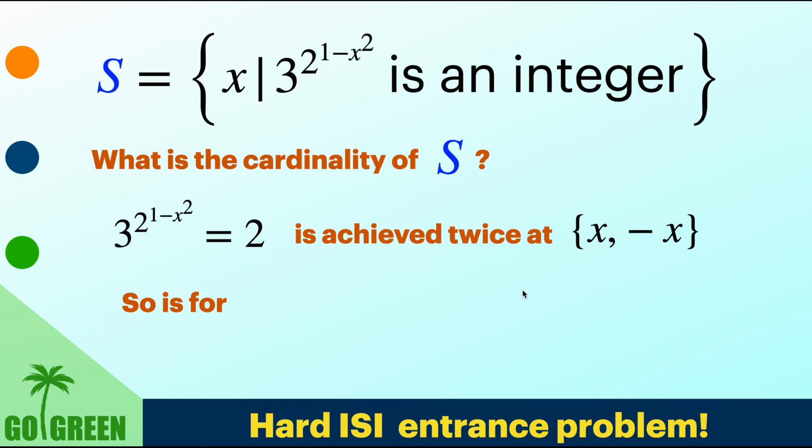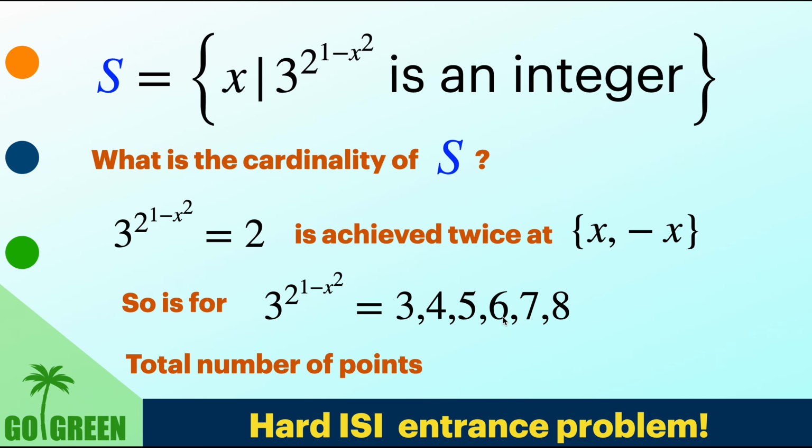And so is for other values, like 3 to the 2 to the 1 minus x square, and then 3, 4, 5, 6, 7, 8. For all these, x and minus x are different. So how many total values? 2, 3, 4, 5, 6, 7, 8. There are 7 numbers. So 7 into 2 plus 1. Why plus 1? Because the value 9 is taken only once, because at x equal to 0 the value is 9, and for x equal to 0, x and minus x are the same number, 0 only.